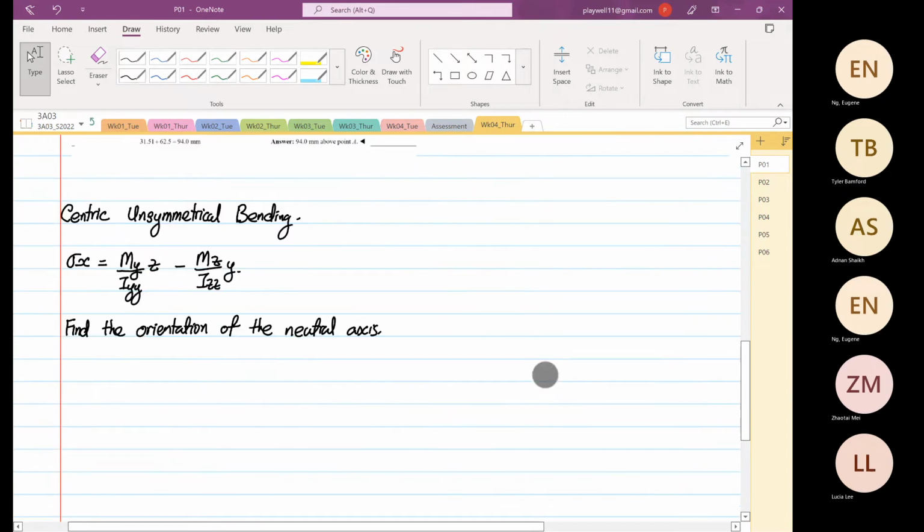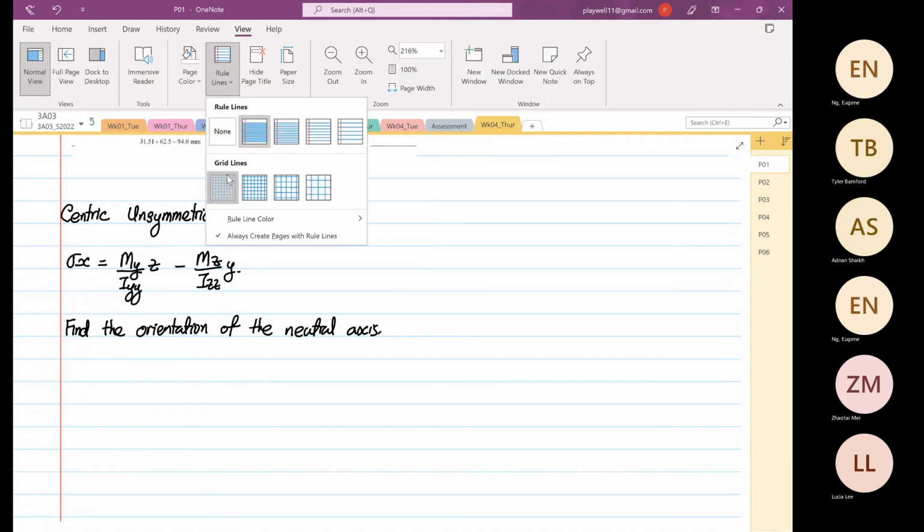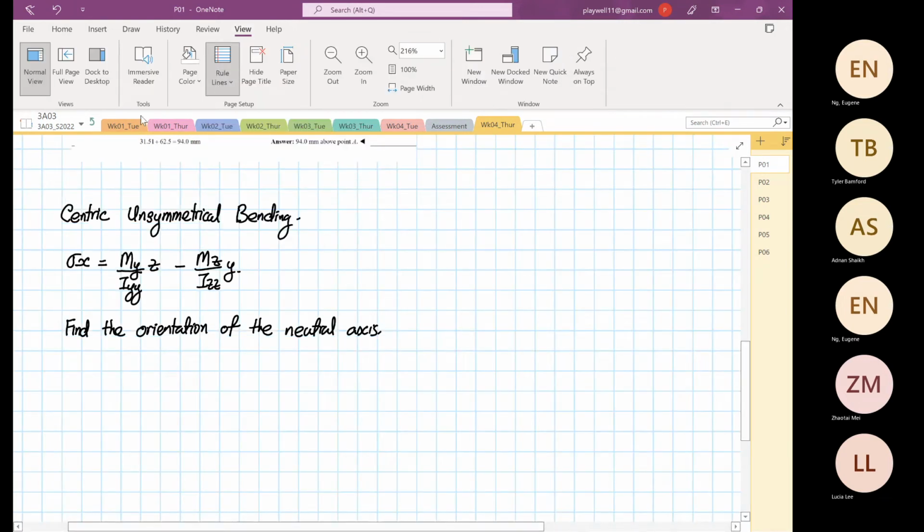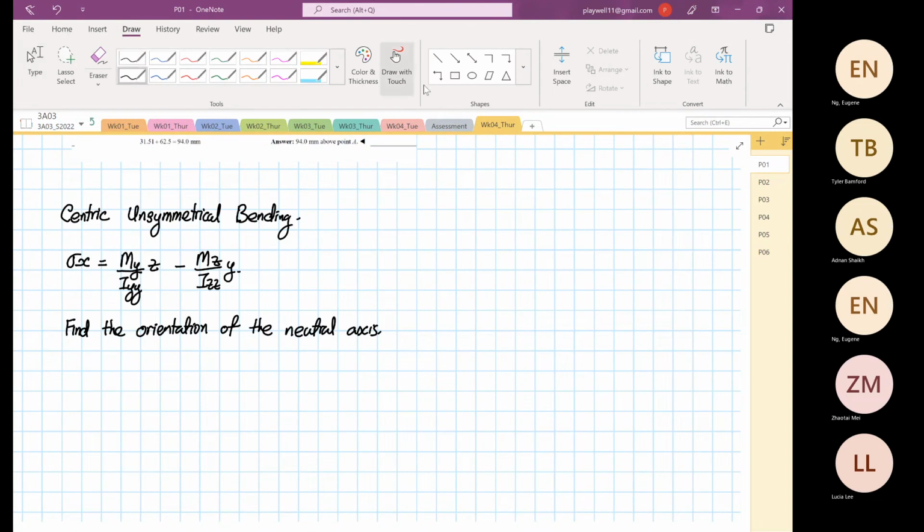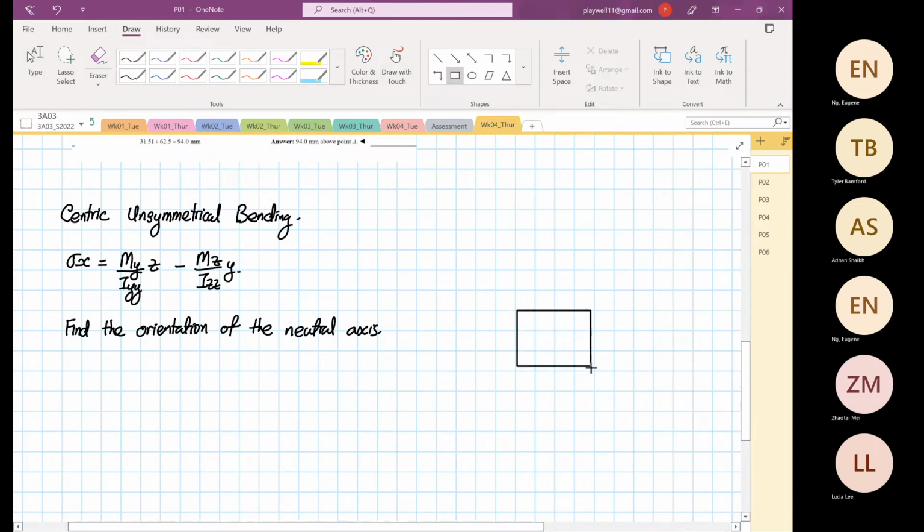Okay. So if we were to draw a structure, the cross section of a structure, okay, this is the cross section of a structure.